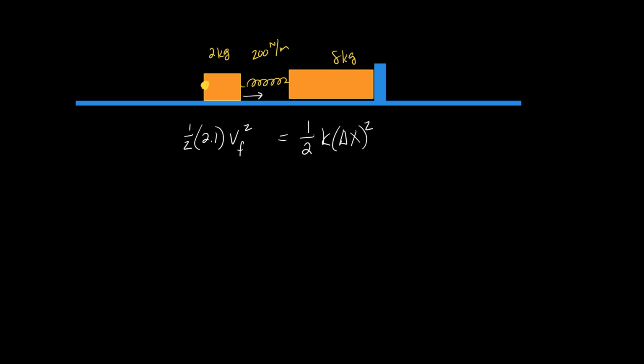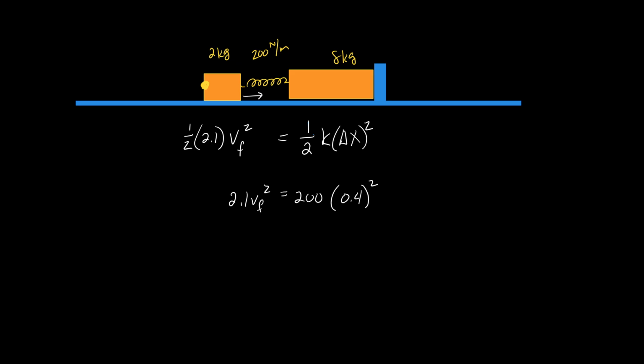All right, so this is how we figure out how fast the block and clay was traveling after the collision. So 1/2 of 2.1 is going to be 1.05 v final squared. Actually, why even do that? How about just cancel out the 1/2s? So 2.1 v_f squared equals k, which is 200, times 0.4 squared.